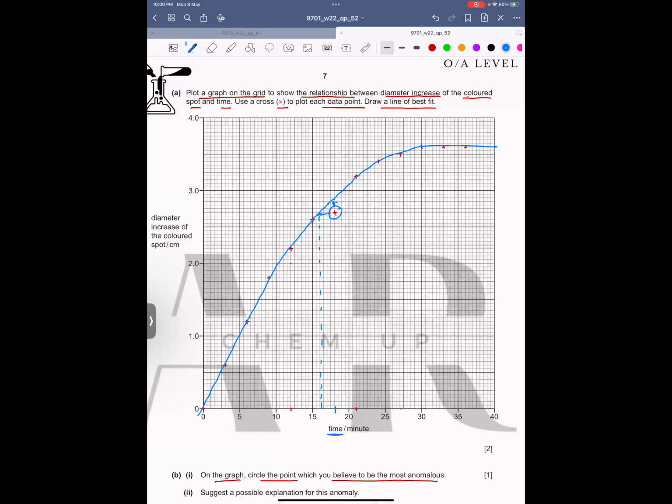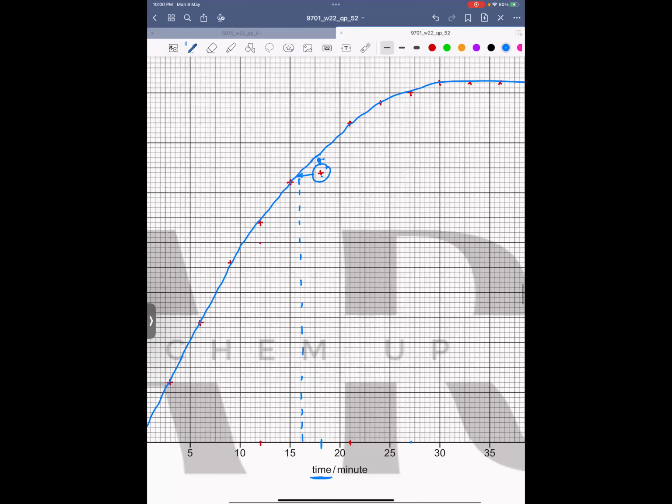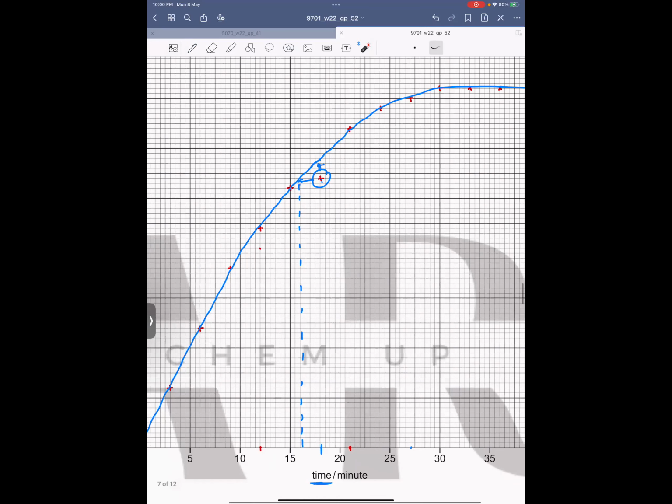See, if you see the line, with respect to time, we can conclude that this point that we have plotted over here would actually be over there on the line, right? So if this point is over here, then it is indicating that this point is at a time of around 16.5 minutes instead of 18 minutes, right?